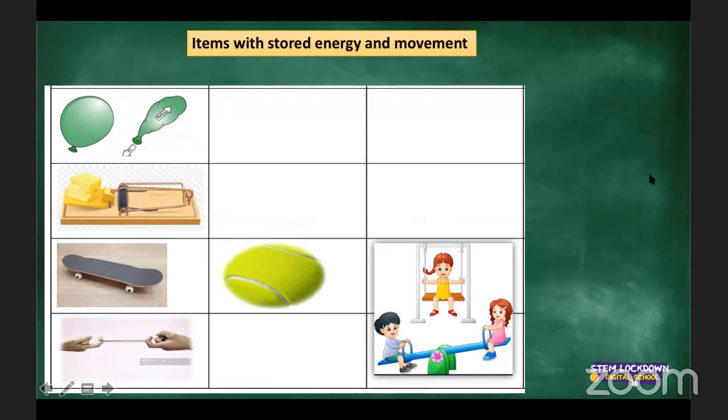Then also we have a tennis ball. A tennis ball is made out of rubber. Whenever a tennis ball is thrown or bounced on the floor, it creates some type of movement energy. As I go through our chat, okay, Kelly, thank you so much.